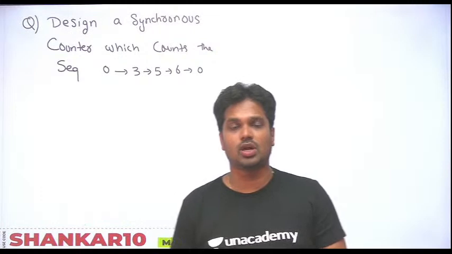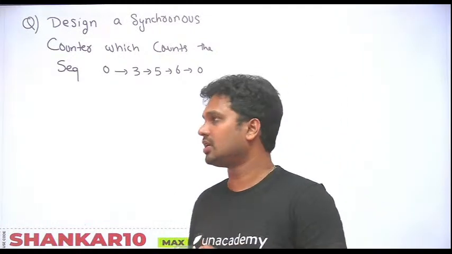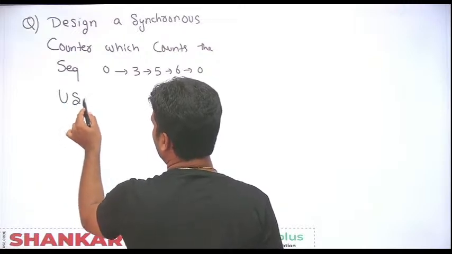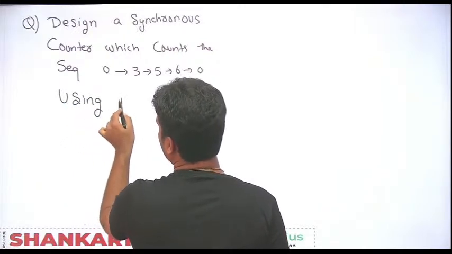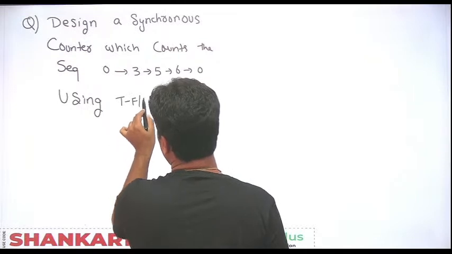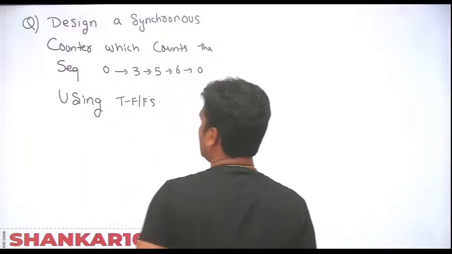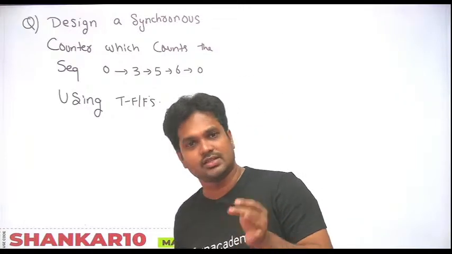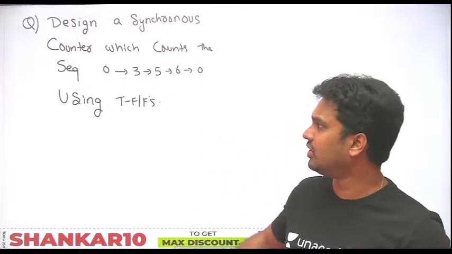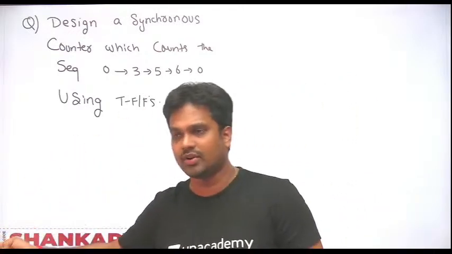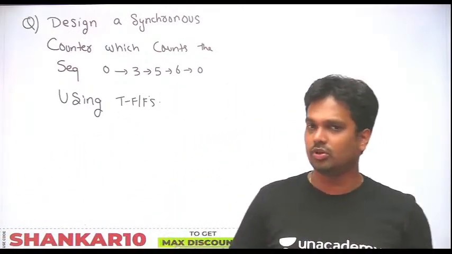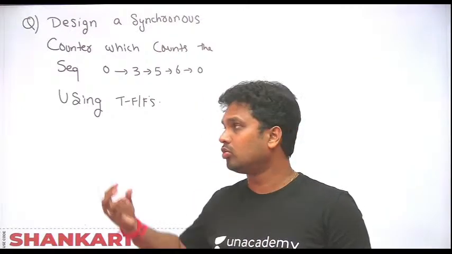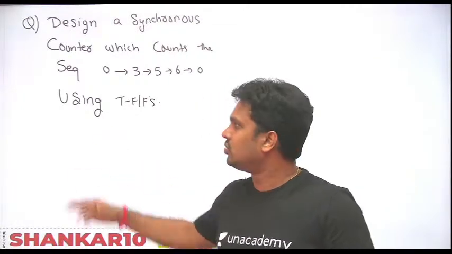That is, you need to start from 0, 3, 5, 6 and again it will come back to 0 using T flip-flops. You can design this problem using 2 flip-flops, since 4 states are there, or, if you need the highest count 6 (110), it requires 3 flip-flops. If you make it with 2 flip-flops, then in that case you need to take the output of the counter and convert it into your required format.